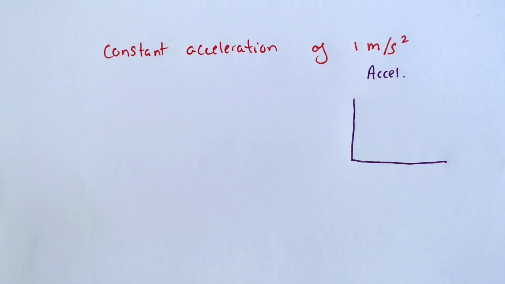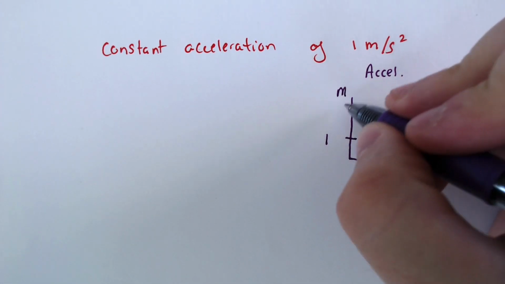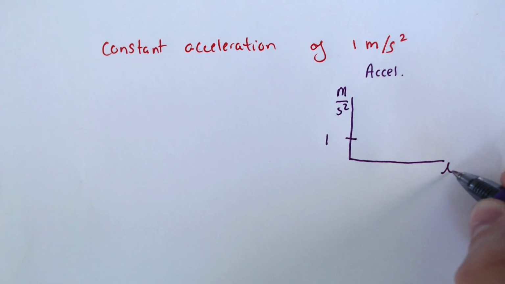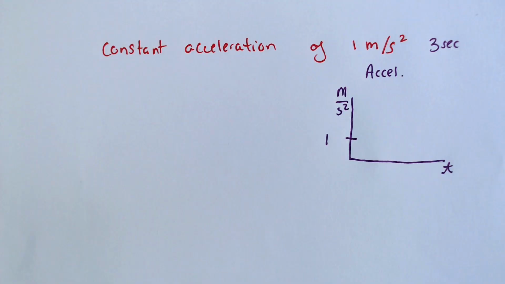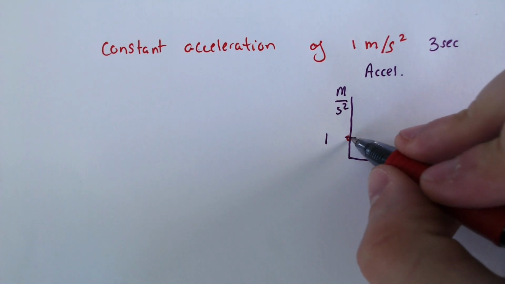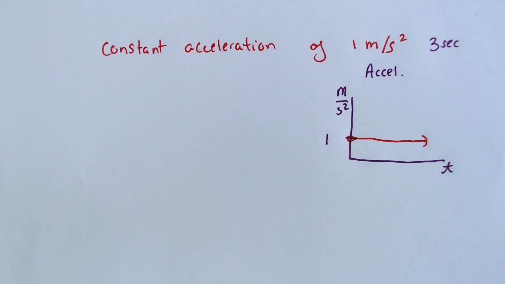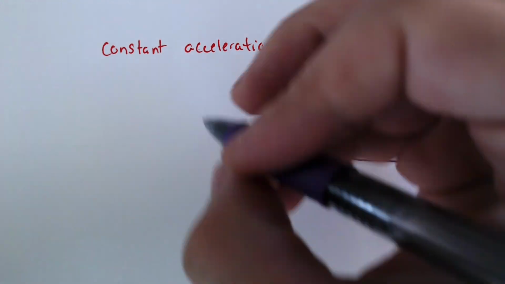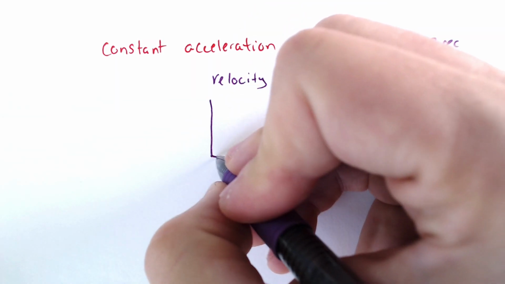Okay, so let's start with the acceleration graph. The acceleration graph will be a constant 1 meter per second squared over the course of, let's do 3 seconds, because it looks like I couldn't fit in 4 the last time. So this is going to be a perfectly horizontal line for the acceleration, but the velocity is not going to be, because the velocity is how quickly we are actually moving over the time.